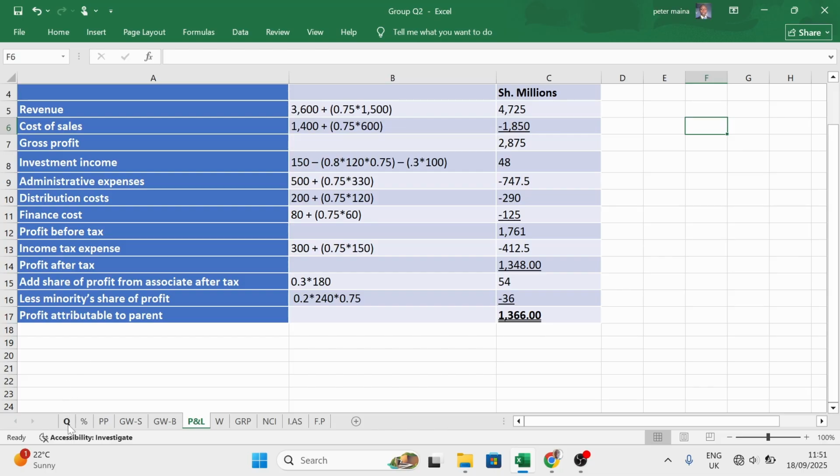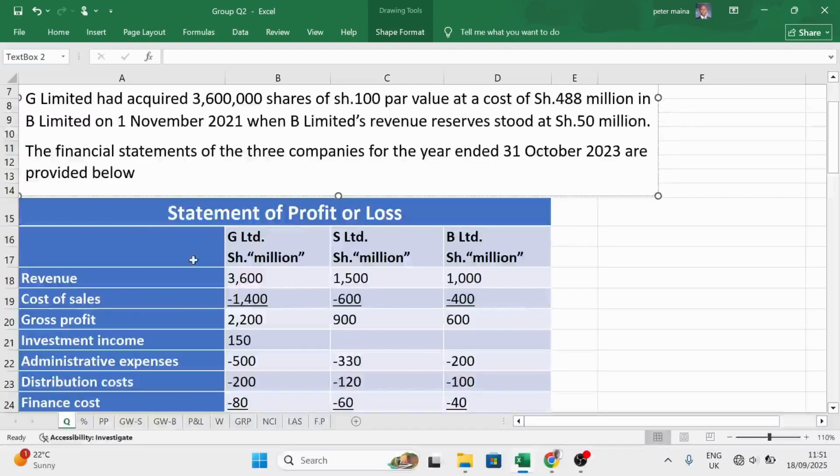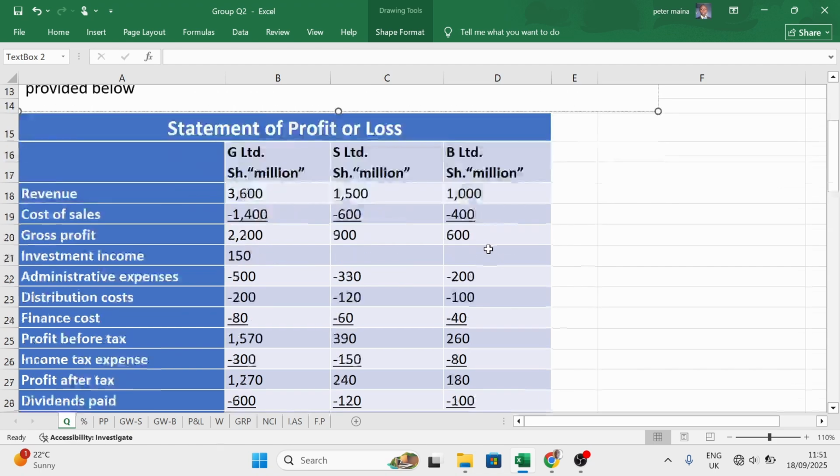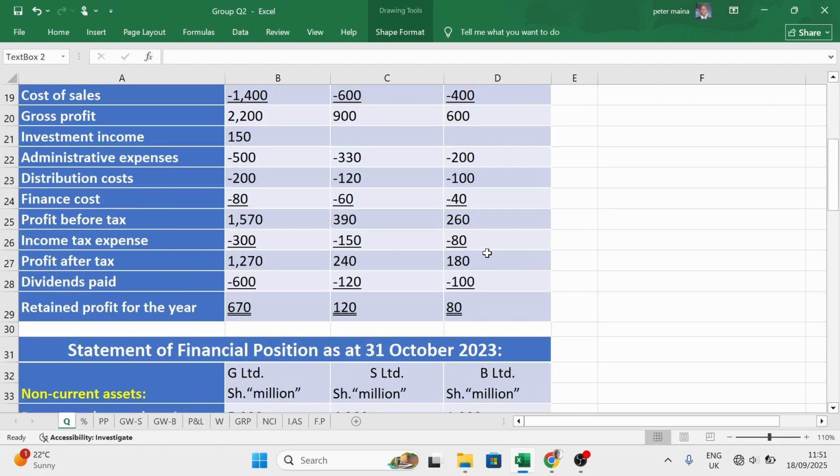If we go back to the question, to the statement of profit or loss, B Limited's column, look for profit after tax, but before dividend. Profit after tax in B Limited, the associate, is 180. So the parent is going to take 30% of it.